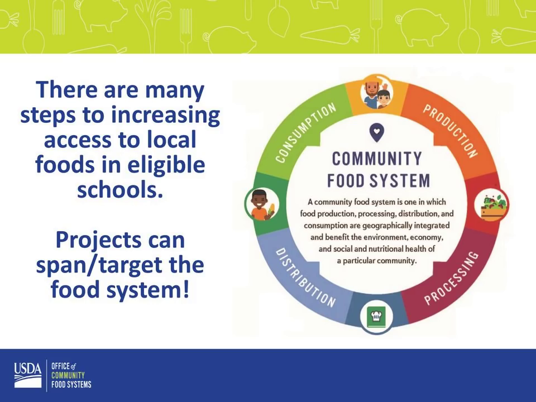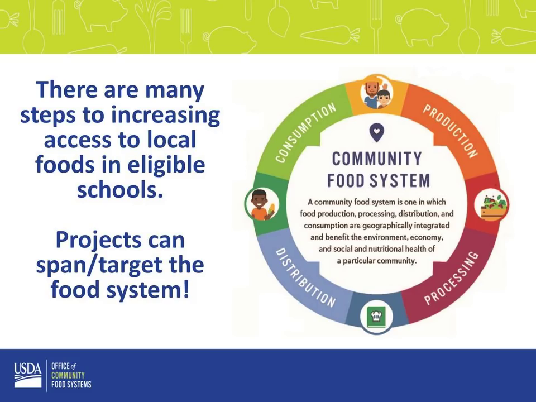Or sometimes somebody who is applying has already started to procure local foods, but now they're looking to implement the education or curriculum side of it. So maybe their grant project only talks about education and curriculum, but in the project they really should make that linkage to say, we're procuring local foods, but now we're trying to bring in the other piece of it so that our students will get more engaged and be more excited about consuming these local foods that are being implemented, or served, I should say, in the child nutrition program.